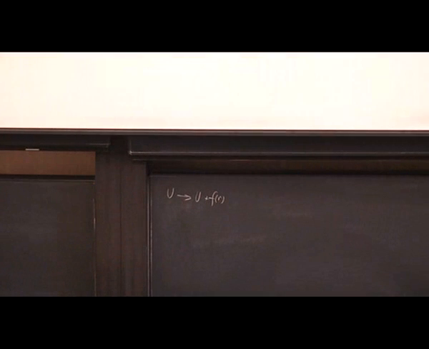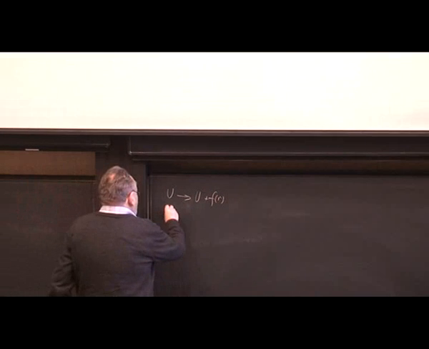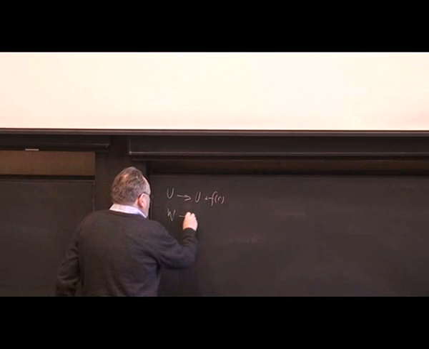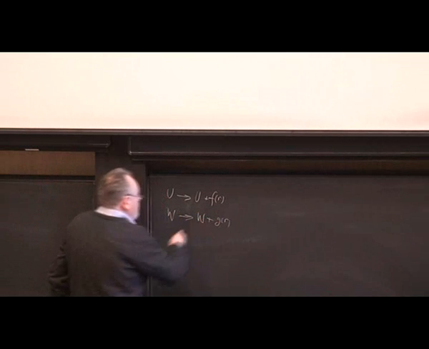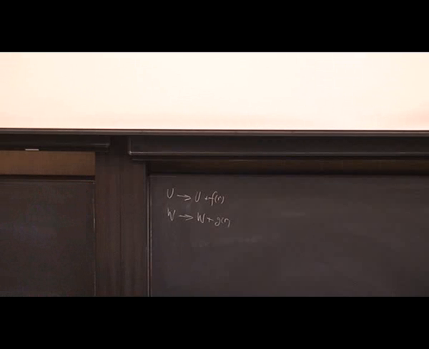It doesn't change this term, r times the gradient of u. You can change w in this way. Then you change the gradient, you give it an additional r component.